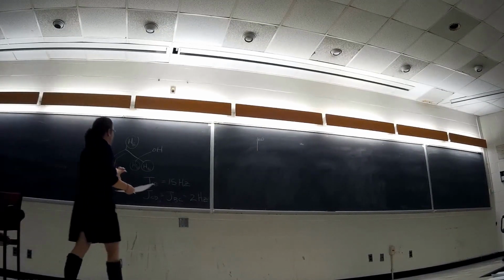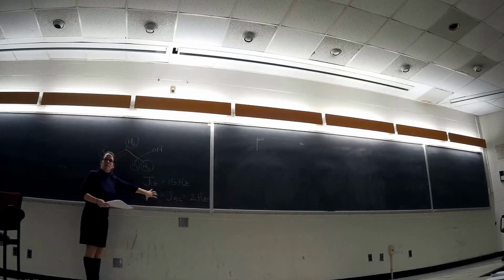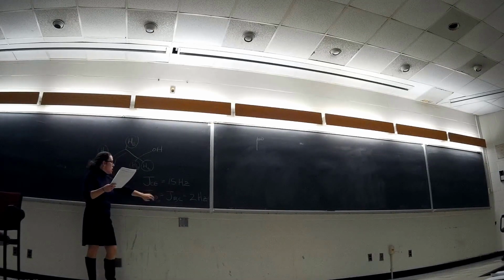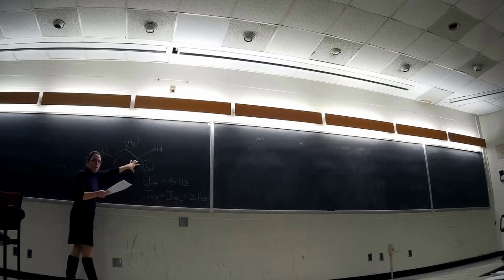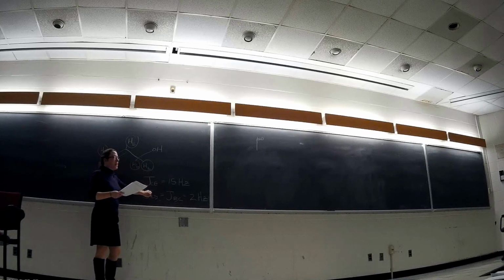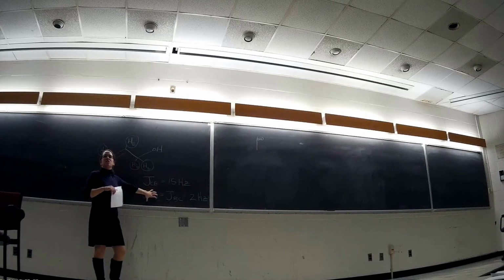Right here, BC. It should read JDB, which is true. JDB is 2 hertz. That's totally right. So that one's fine. And then it says JCE, but that's not supposed to say JCE. It's supposed to say JCD right here. I can fix it and put it online.